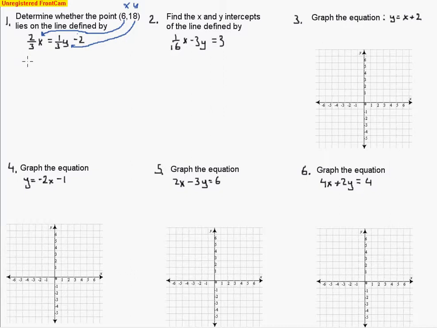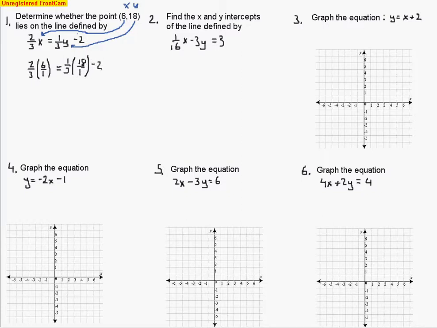We still have this 2/3, and we're multiplying by 6. I'll treat 6 as a fraction, 6 over 1, so you can see the cross-canceling that will happen. Then 1/3 multiplied by y. Y was 18, so I'll write that as a fraction as well, and then there's a minus 2 afterwards.